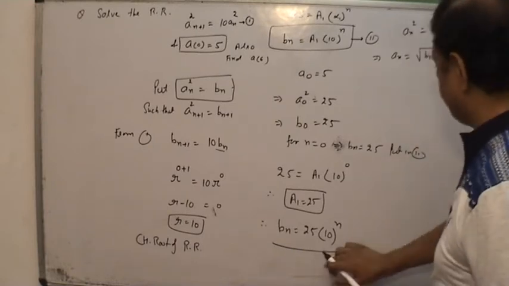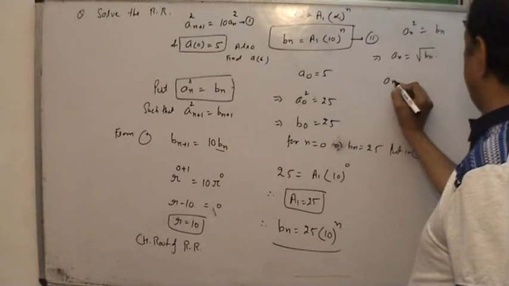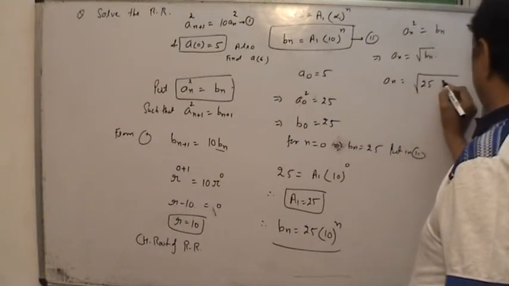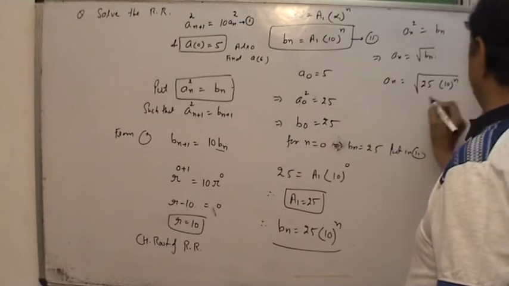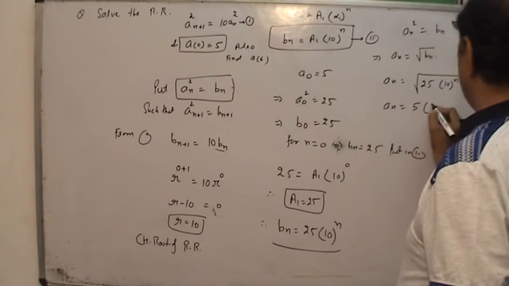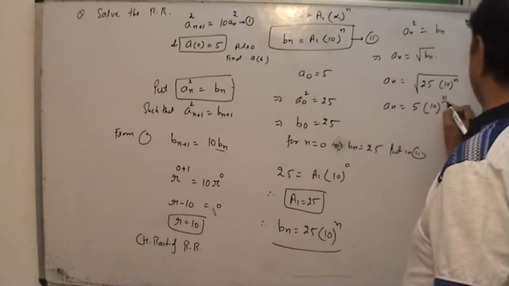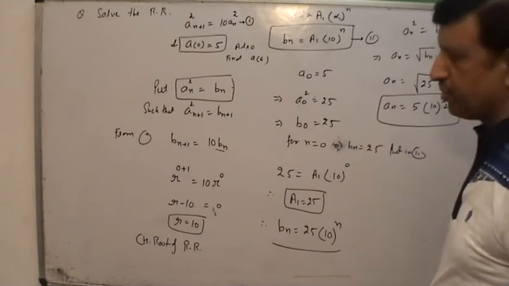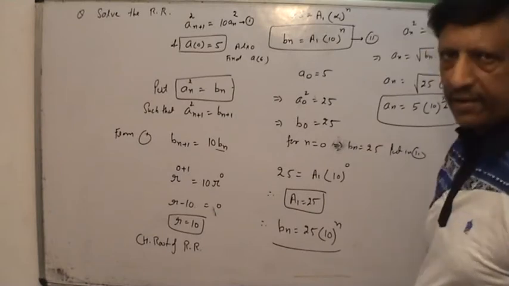And what is bn? bn is this. Then an is equal to the square root of 25 into 10 raised to the power n. It means an is equal to 5 into 10 raised to the power n by 2. It is the general solution of this quadratic recurrence relation.